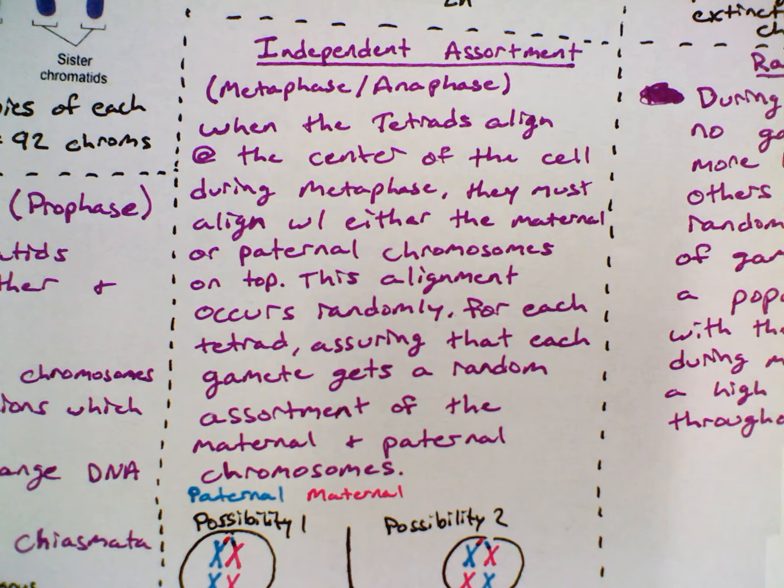It's going to be completely random how these things combine whenever the gamete's actually formed. Again, that is independent assortment. Each chromosome is going to assort randomly to either side of the cell.